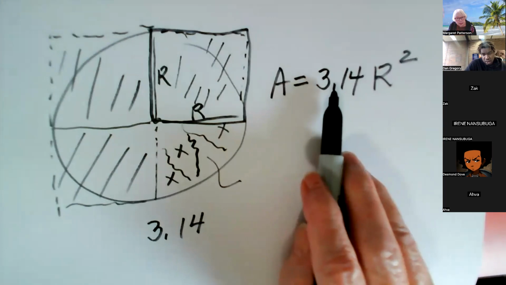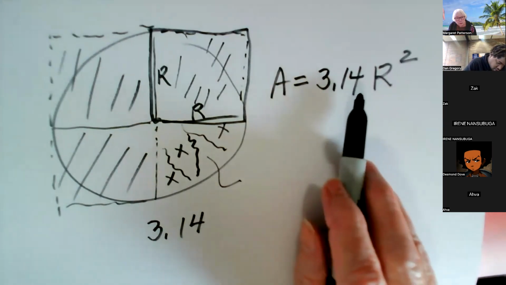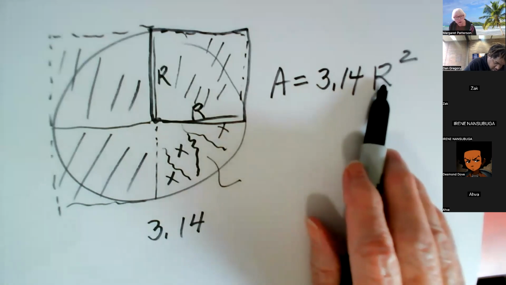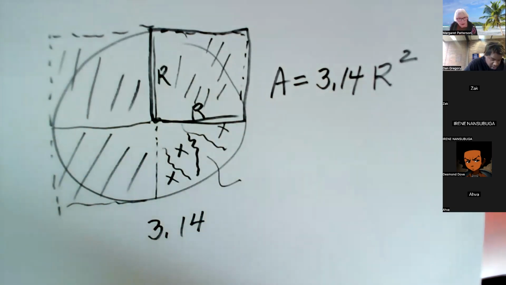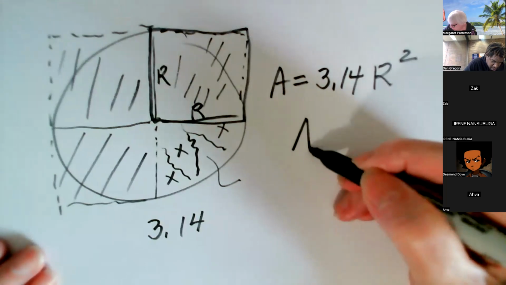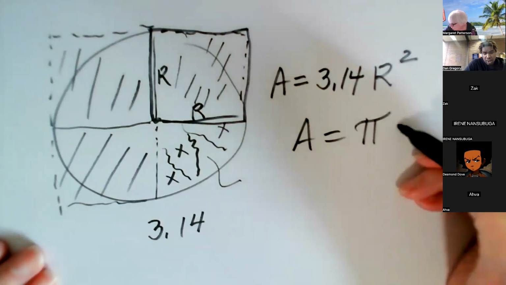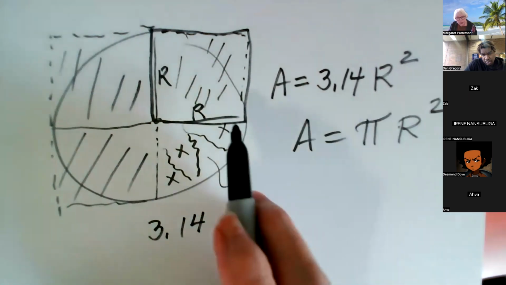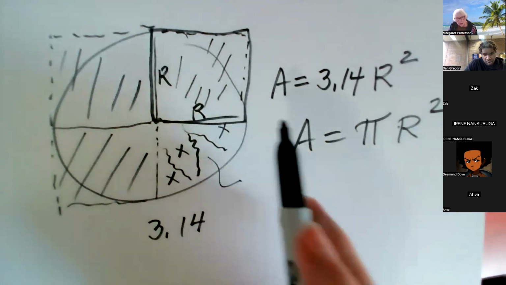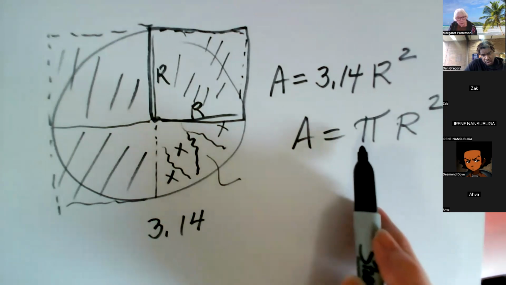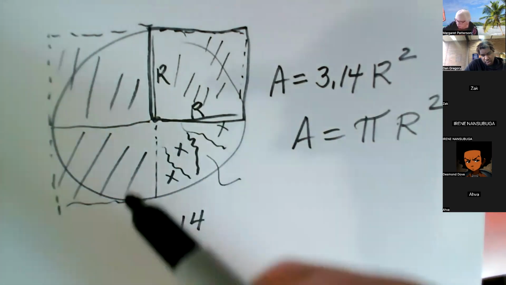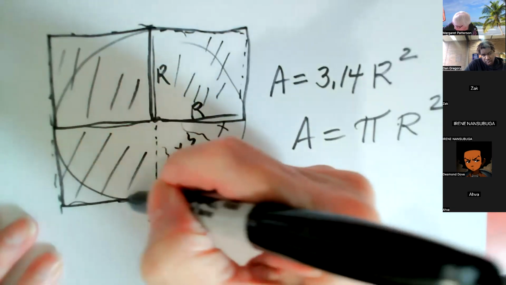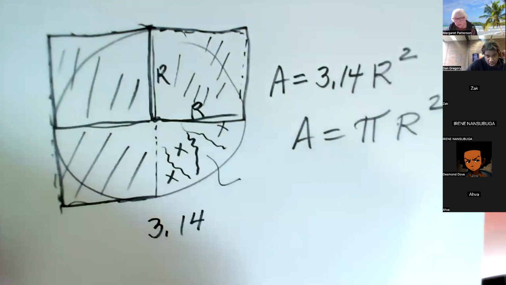I had this many, 3.14 of these squares. That's the formula. Now, whether you like that or not, I thought it was great. Area is pi r squared. The r squared is the square that's filled. The pi is 3.14. I could fill 3 of them. And I had a little bit of sand left over, not much, but a little bit.